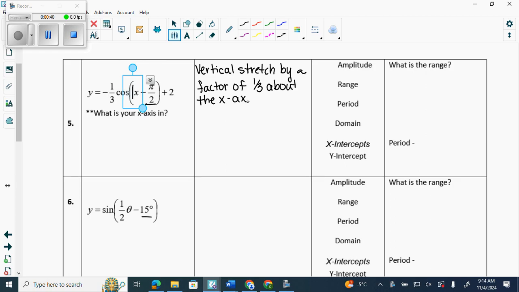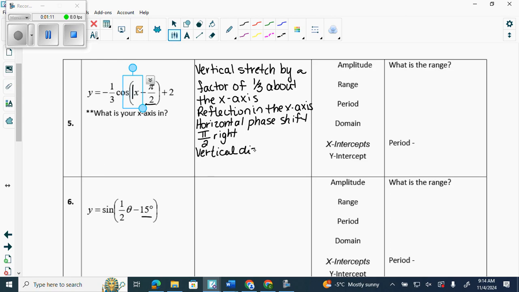Our reflection is with the y, so it's a reflection in the x-axis. We have a horizontal phase shift. Make sure you wrote it right. Pi over 2, right? And a vertical displacement to what?